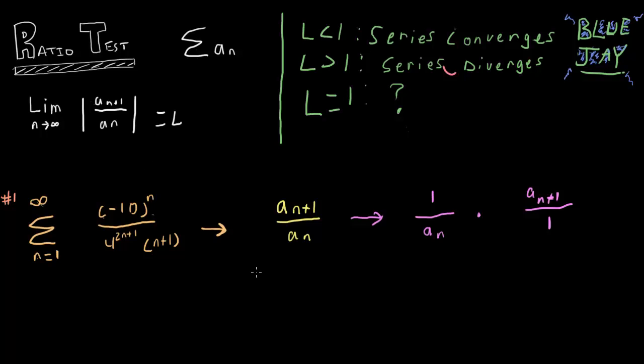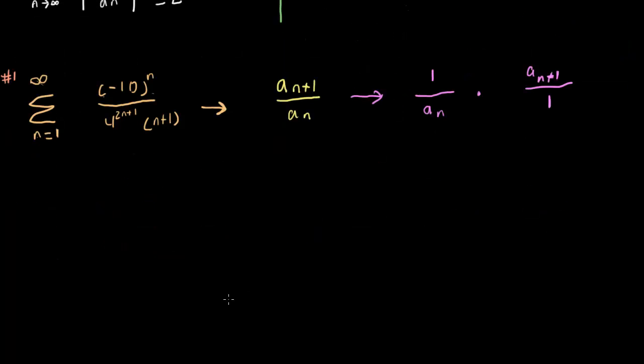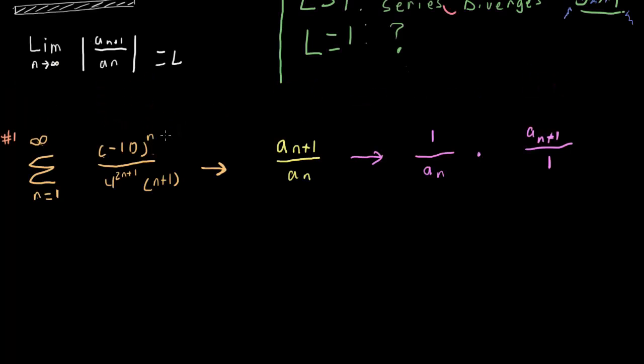So let's begin by taking this quintessential problem here. We have negative 10 to the n divided by 4 to the 2n plus 1 times n plus 1. And now, as you see up here, we need to divide a of n plus 1 by a of n. Now, with complex problems like this one, it can be difficult to do that kind of division. And so we want to tackle this problem in a more refined manner.